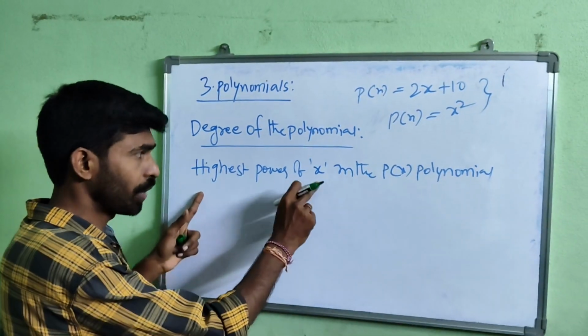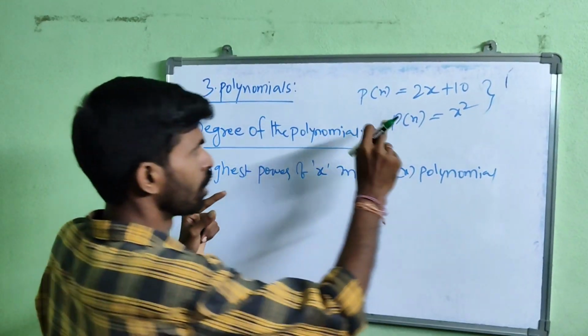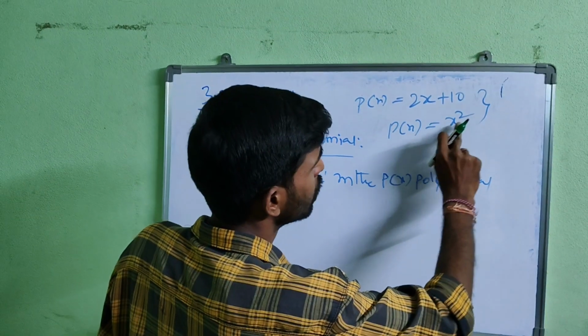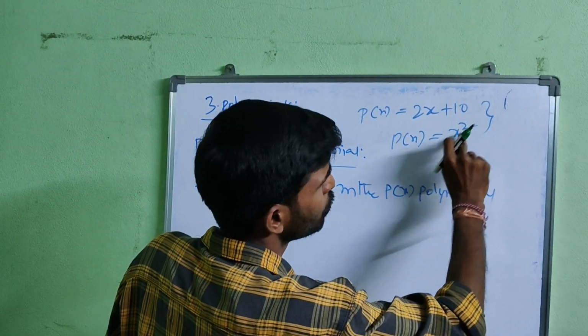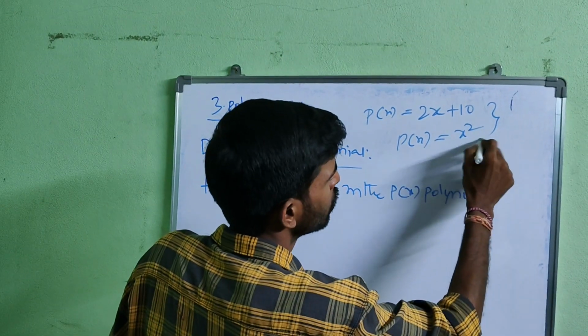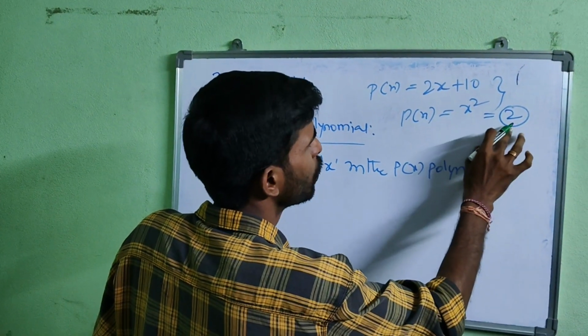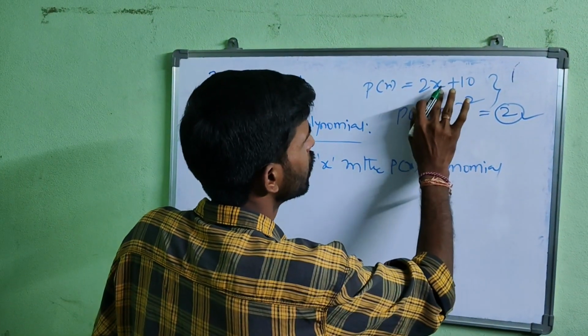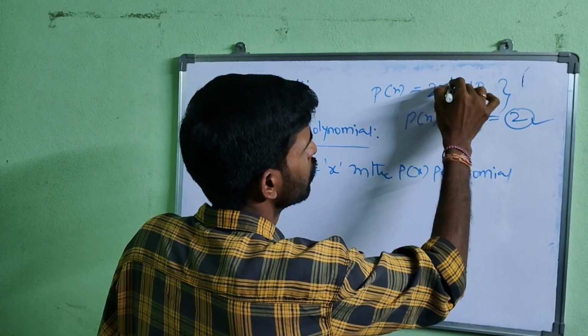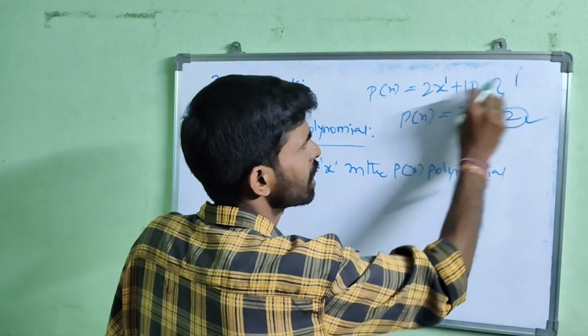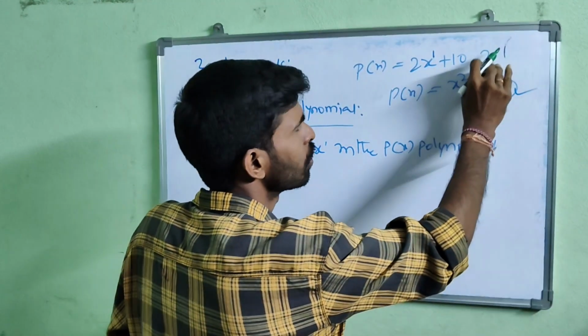Here, highest power of x. What is the highest power of x in this equation? In this equation, the highest power is 2. That's why the degree is 2. What is the degree of the polynomial? 2 here. Here x is there. What is the highest power? 1 is there. Is there any x square here? There is no x square here, only one x.